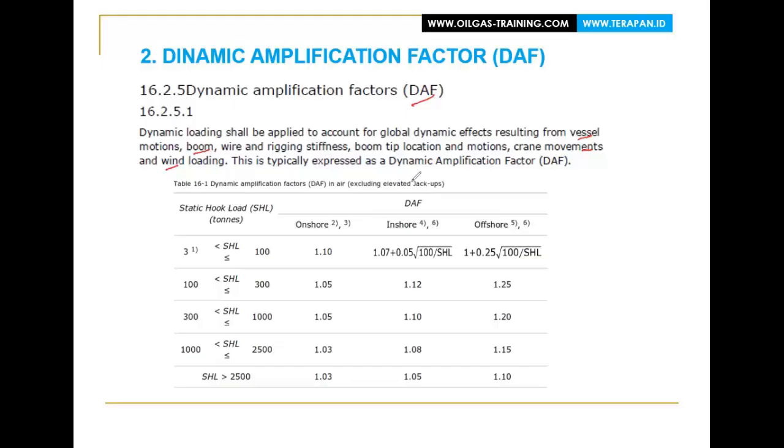Here is the table given by DNV-GL. There are 3 lifting areas: onshore, inshore, and offshore. For example, if we lift a 50-ton object in the onshore area, we use a DAF value of 1.1.